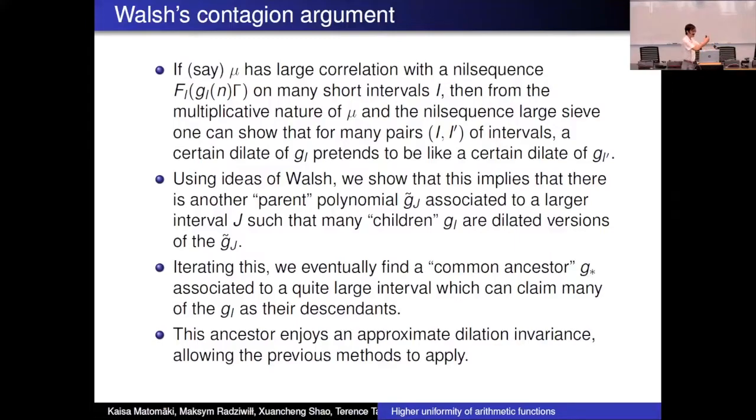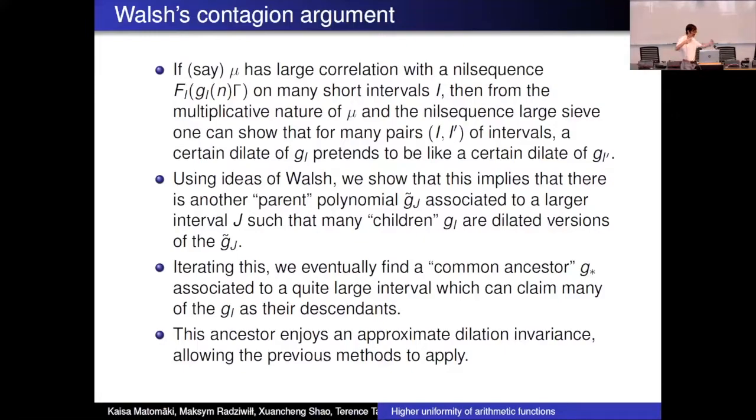They have these parents living on these larger intervals. And then Walsh realized that this parenting relation is somehow contagious: the parents themselves have to start relating to each other, and they have grandparents on even larger intervals. These are nil sequences supported on larger intervals, which are related in some genetic sense to the shorter intervals. And you can start building up this family tree.